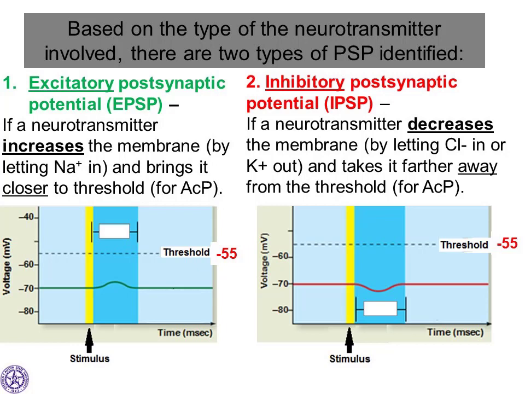That's the threshold to open which voltage gated channels? Sodium. I heard somebody say sodium. So if you want to make it easier to get to minus 55, you're going to make the membrane potential more positive. It's easier to excite those sodium voltage gated channels. And so we refer to that positive increase. Do you see that little positive bump there in our graph? That is an EPSP, an excitatory postsynaptic potential.